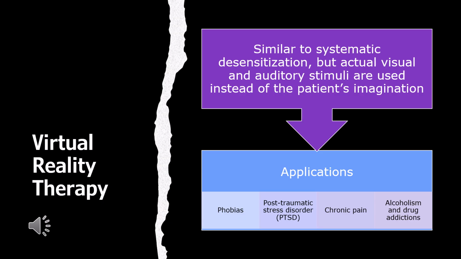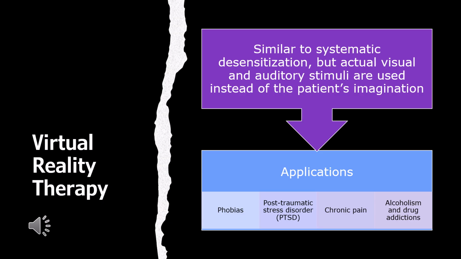With virtual reality therapy, VR delivers a graded, controllable exposure to feared stimuli with a high sense of presence but full safety. The advantages are precise hierarchy steps, a lot of repeatability, and access to hard-to-arrange situations like flying or heights.